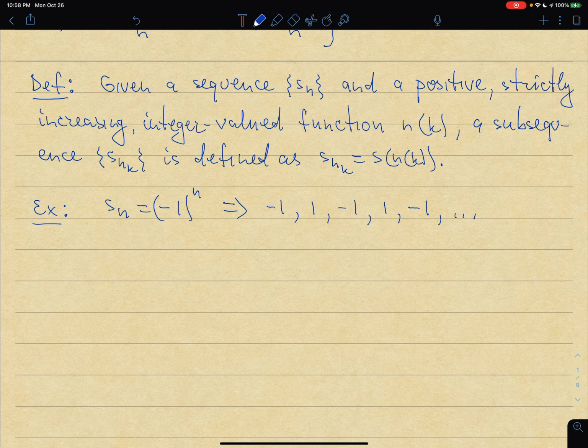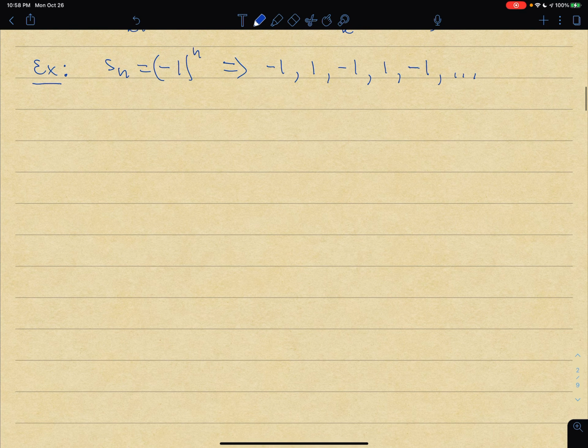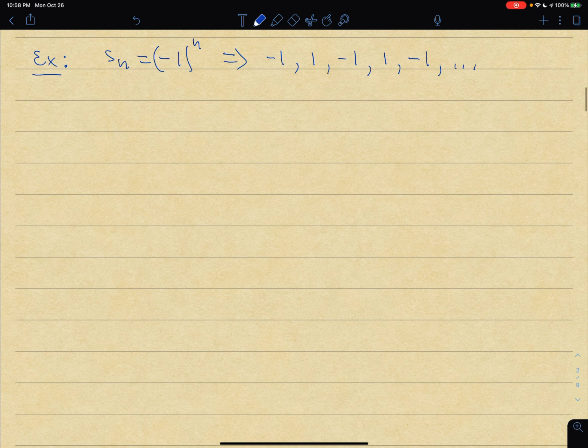Okay, so without looking at the definition that I just gave, let's think about possible examples of subsequences here. If my original sequence is minus 1, 1, minus 1, 1, minus 1, I can in principle go ahead and pick, just like I did before, every even element.